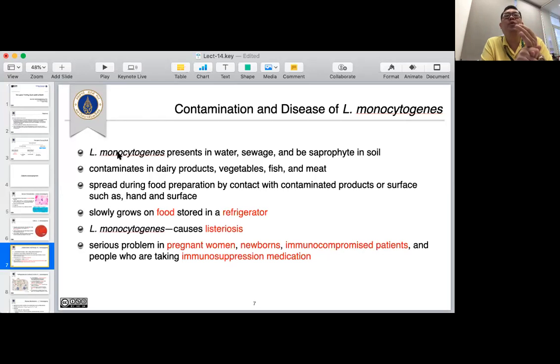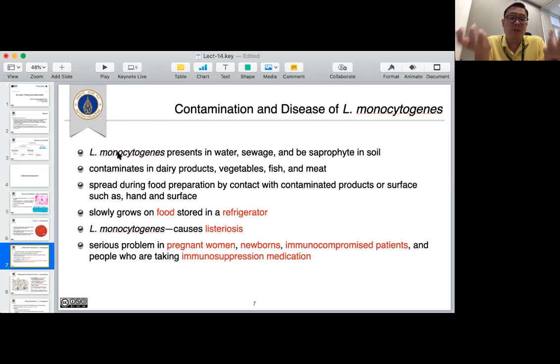They love to contaminate food with high protein and high lipid. Okay, this is serious. L mono was an outbreak in the US a long time ago, together with mayonnaise and coleslaw, because you eat raw vegetables, right?